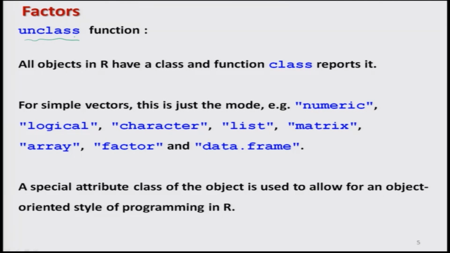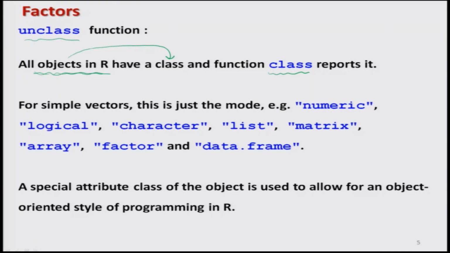Whenever we deal with the R software, all the data is in the form of some object, and every object in R has a class. But how do we know what the class is? For that we use a function class, C-L-A-S-S, all in small letters, and this class function reports the class of an object.